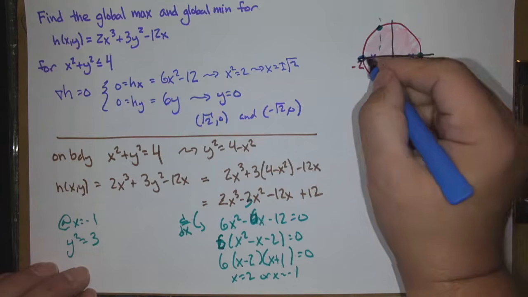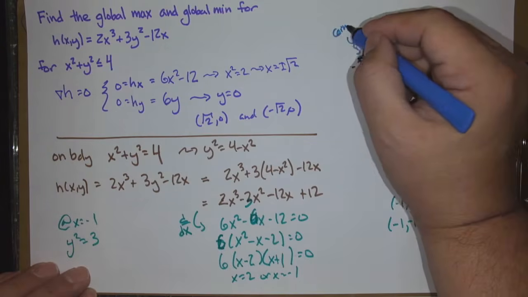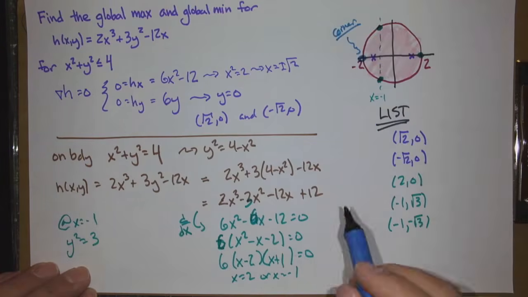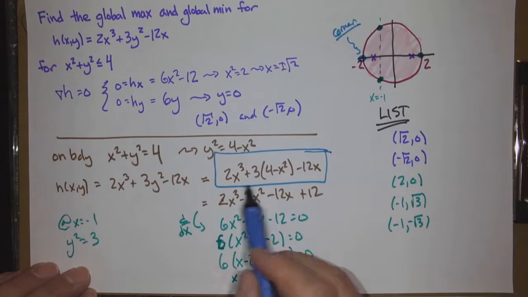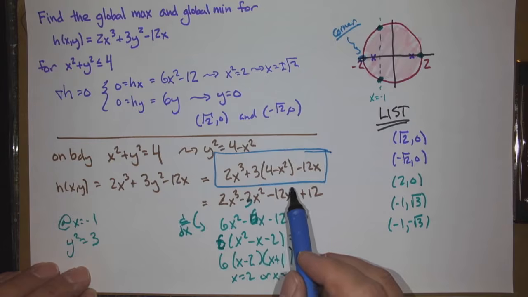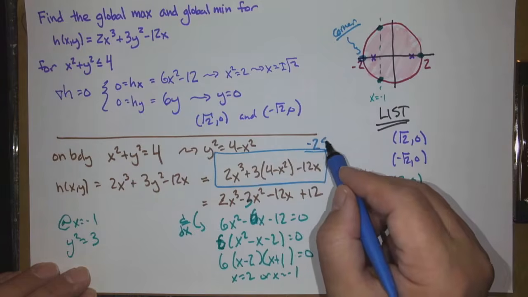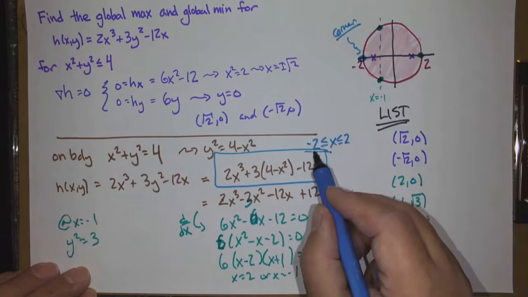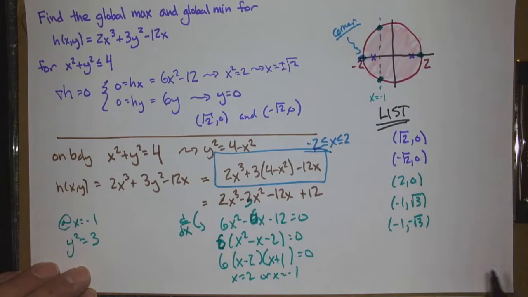This is also a critical point. Now you might say, why? It's our corner. Now you might say, no, it's not. But wait. Where is this true? We got down to a single variable, but for which x's is this true? From negative 2 to positive 2. So negative 2 is an endpoint for this function. So you have to include it as a point on your list.